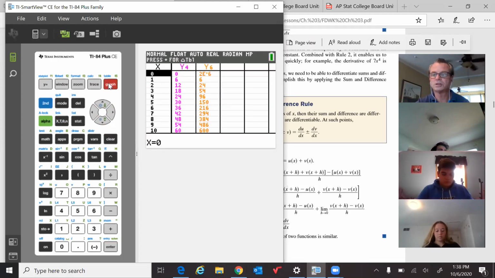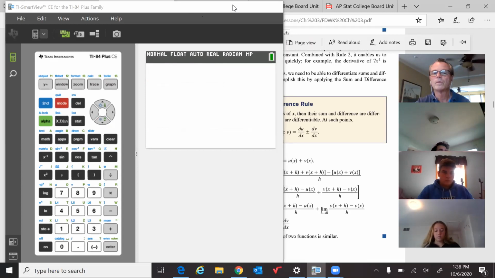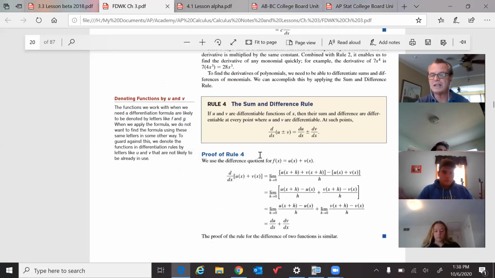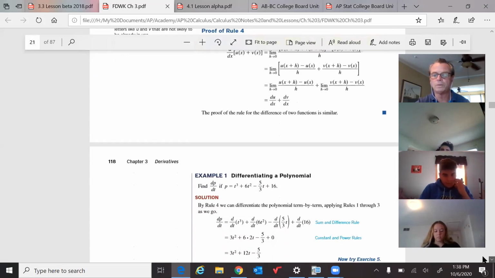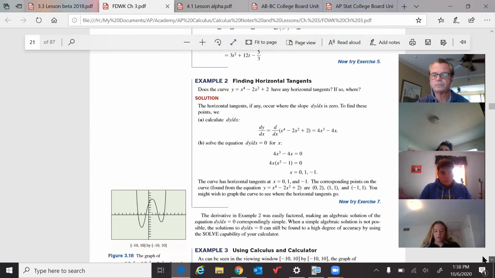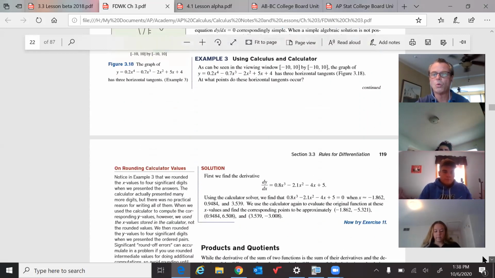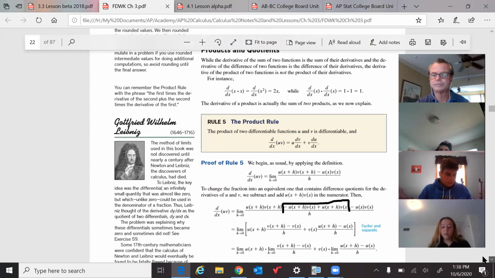Doesn't work. Doesn't agree. So what we're telling you is that what's on page 117 that applies to sums does not apply to products. And the product rule is here on page 119.